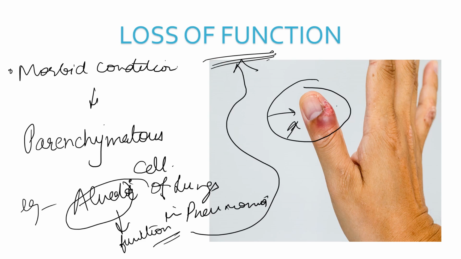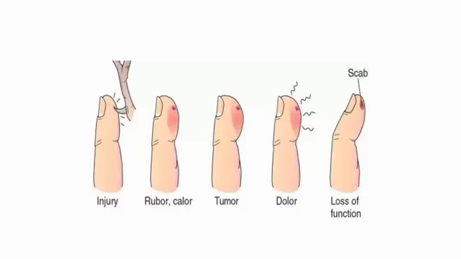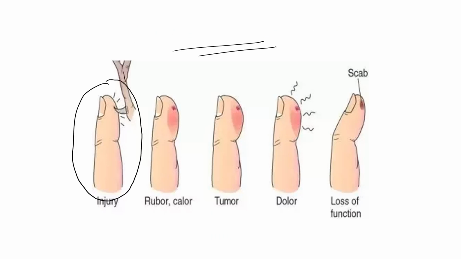So, in conclusion, we can see in this example, if a particular part of your body is injured, the part is first invaded by accumulation of RBC or blood cells which shows its redness, that is rubor, and you will see heat in the particular part because of the accumulation of blood and the exothermic reaction, that is calor.